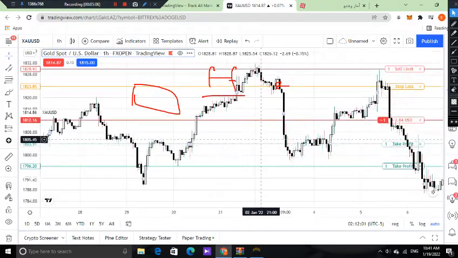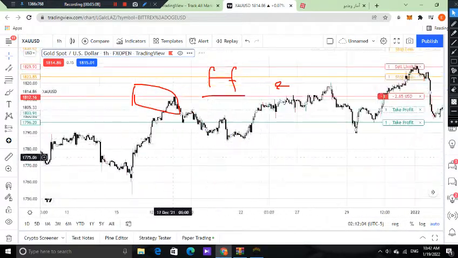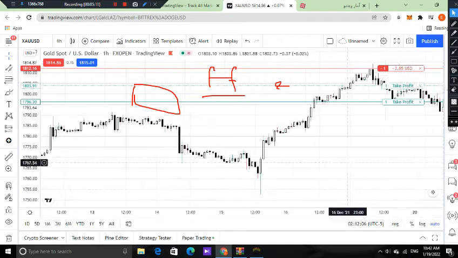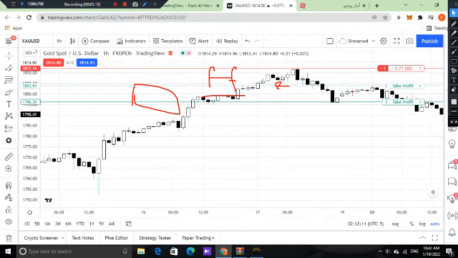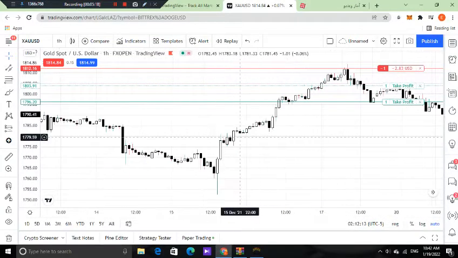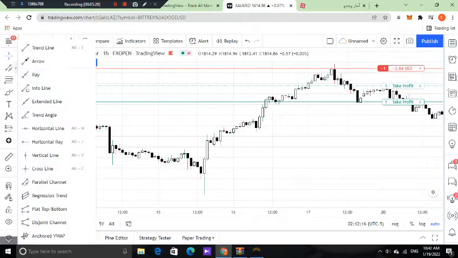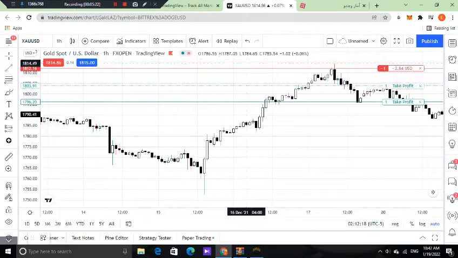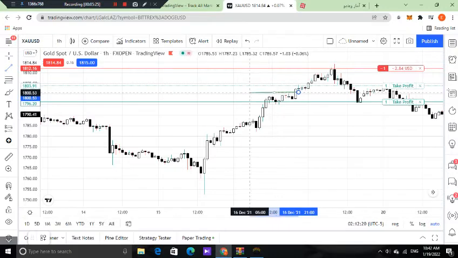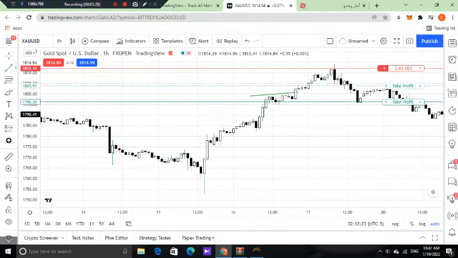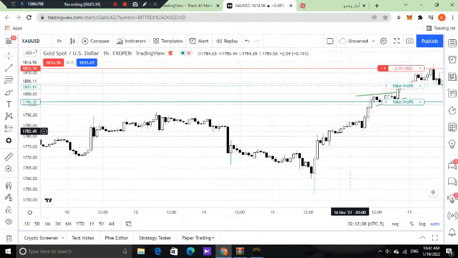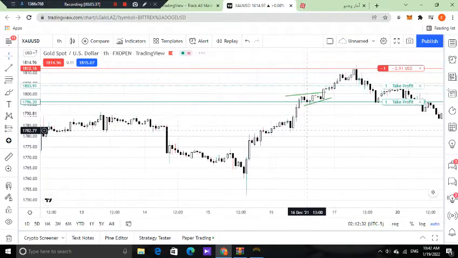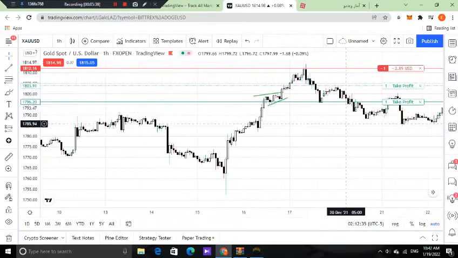Another example, let's see. What about this one? Is this a flag or final flag? Let's see. You actually kind of have a bull wedge at this point. That's weird.